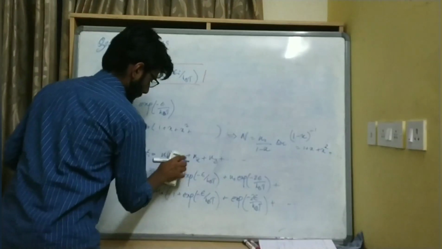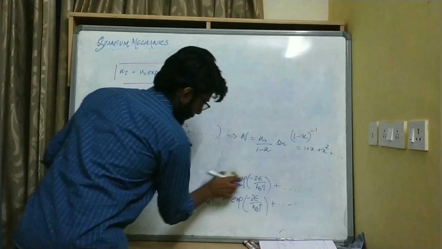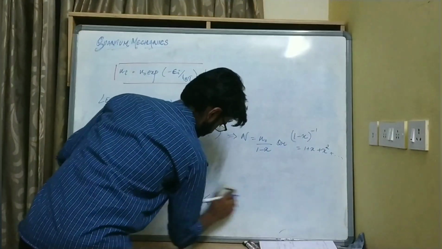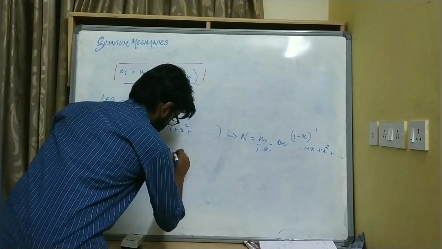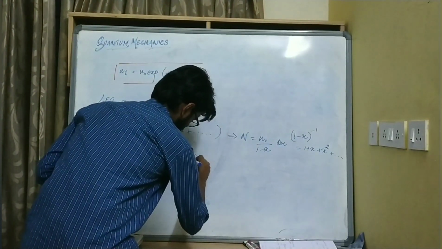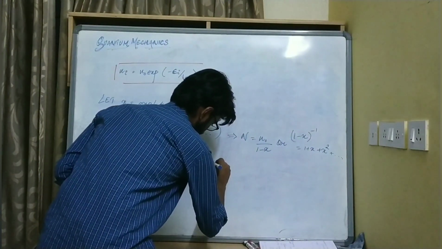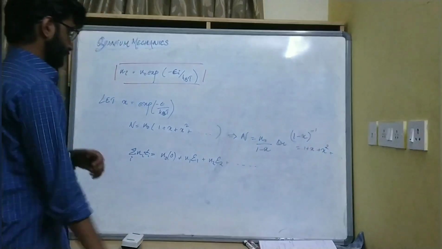Let me erase it and rewrite it. So this is n0 times 0 plus n1 plus n2 and so on.